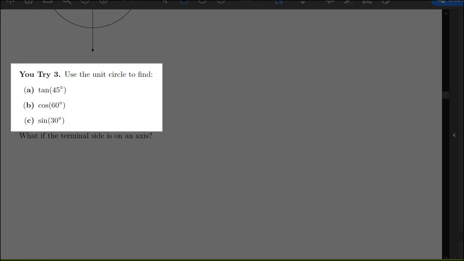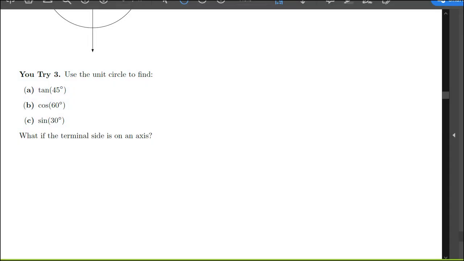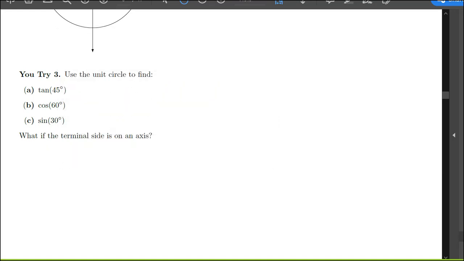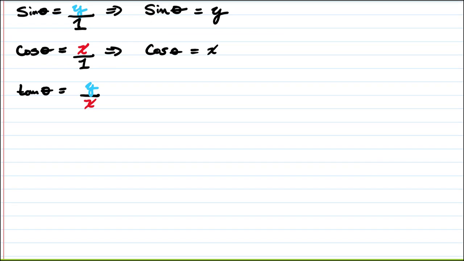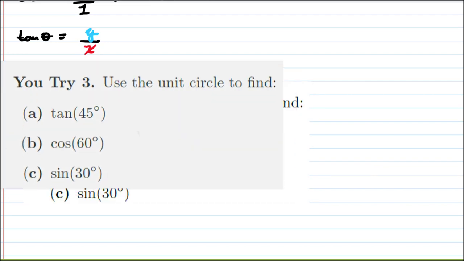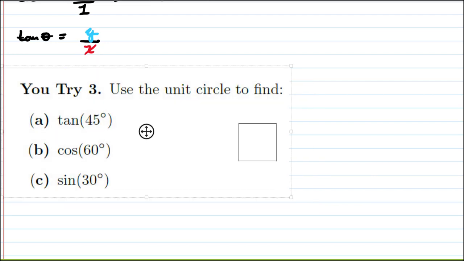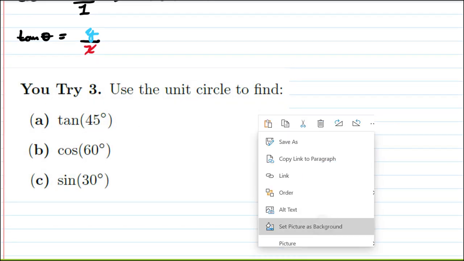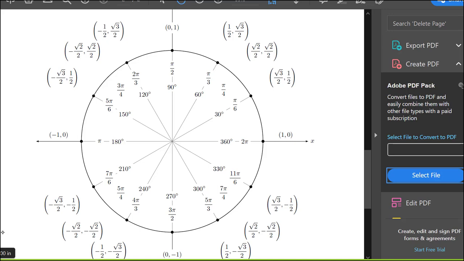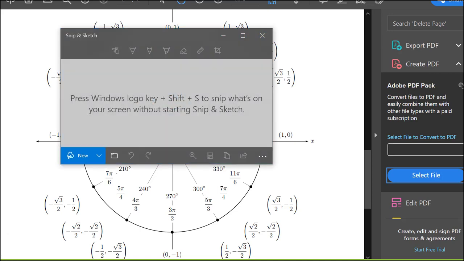Let's see if we can use our unit circle to find some of these values. I'm going to do the first one, and then I'm going to have you guys do the next two. So we want to find the tangent of 45 degrees.